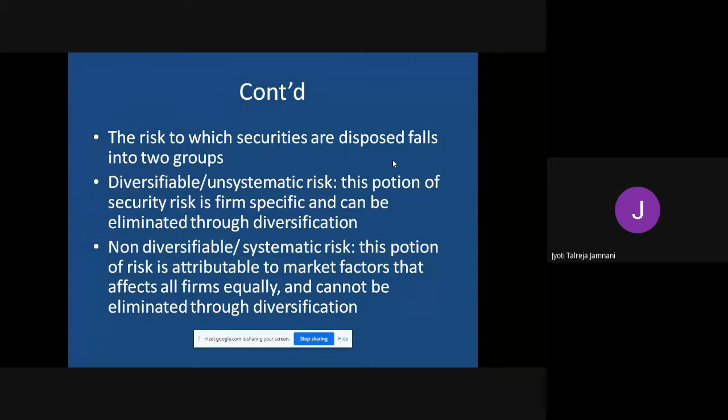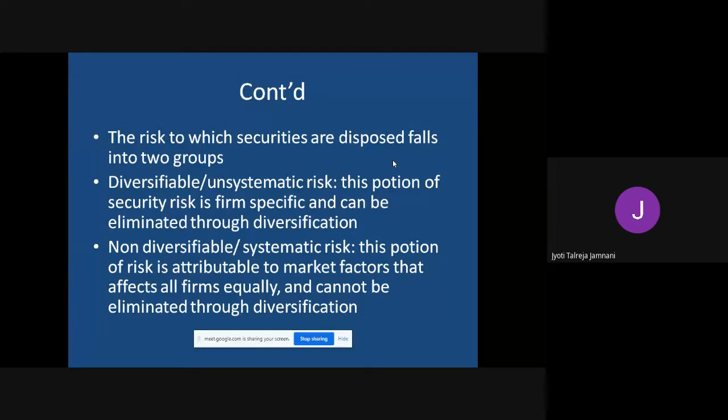Suppose I take a company, say Happiest Mind, which is a company trading in IT related services, and I say that the risk of Happiest Mind is so and so, 10%, 20%, 30%. So that is diversifiable risk or unsystematic risk. I'm just telling the firm risk, firm specific. It is diversifiable because that is the company's risk.